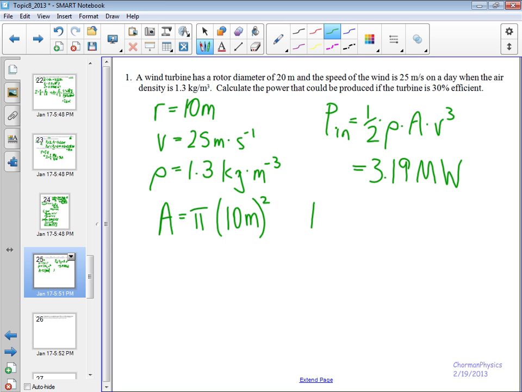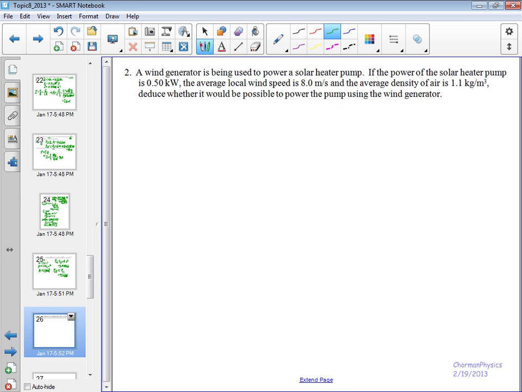And given that the efficiency is only 30%, the actual power output here is just going to be that efficiency times P_in, and when we plug that in, we get 957 kilowatts, which is a very, very large wind turbine there, okay? All right. And that's a very, very high wind speed to be calculating this for. That's like 50 miles an hour. So that's pretty unrealistic, but hey, it's practice.